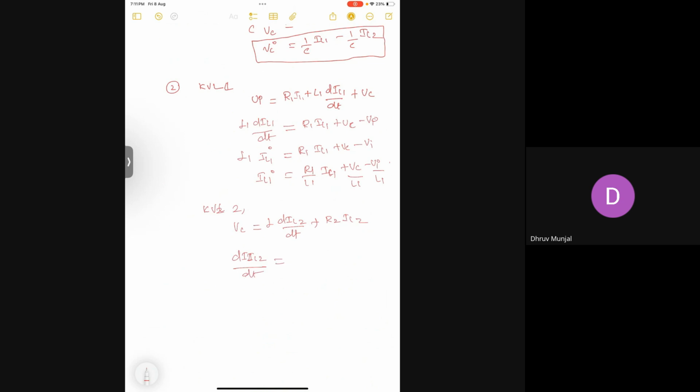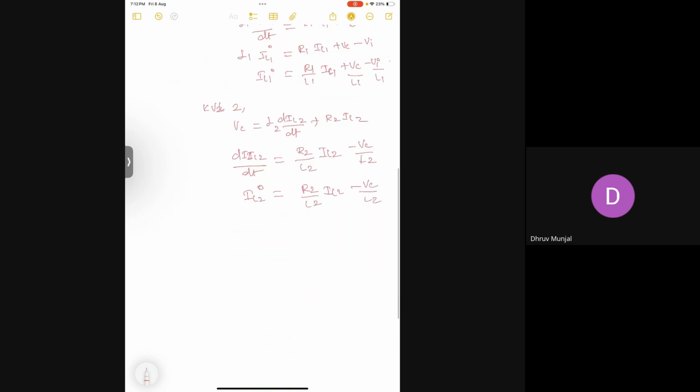IL2 dot is equal to minus R2 by L2 IL2 plus Vc by L2. I think somewhere the sign was wrong; it should be minus R2 and Vc should be plus. Okay, I'm keeping L2 here and R2 I'm bringing here, right? Okay, thanks.